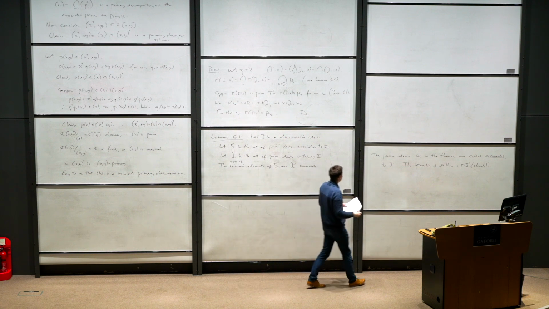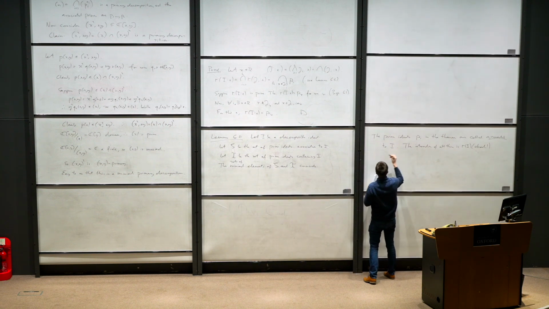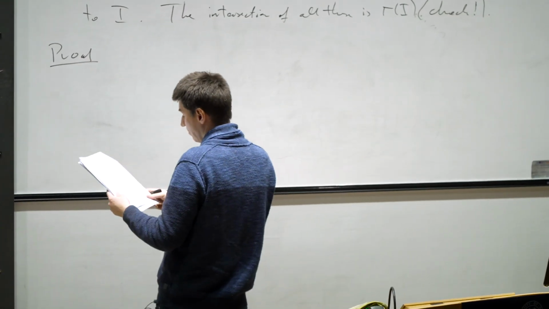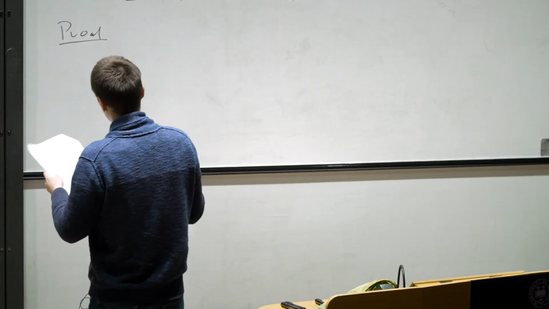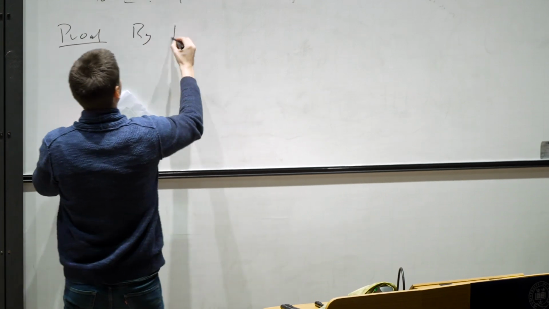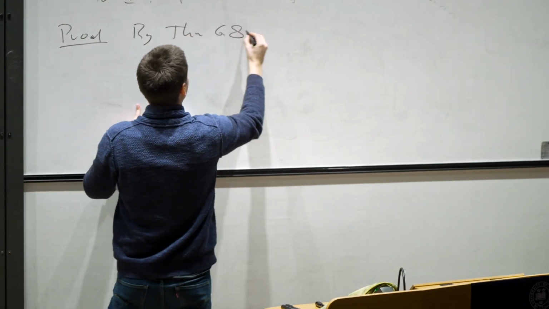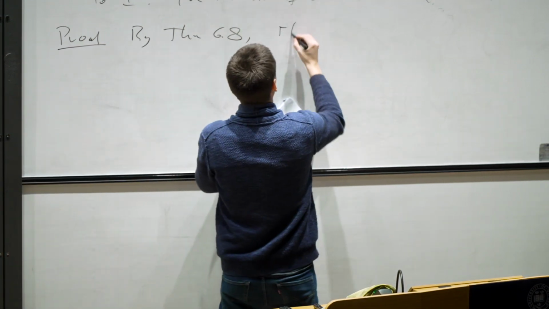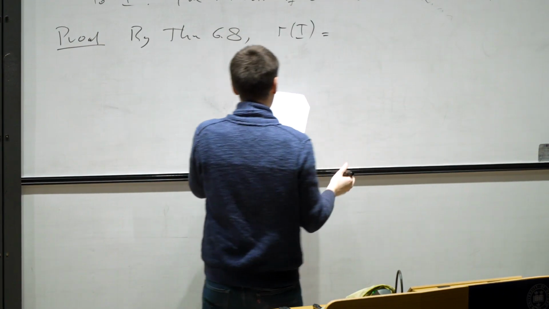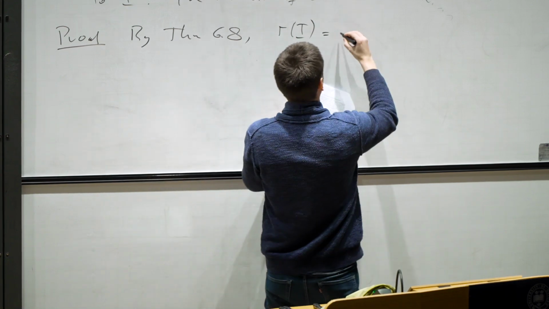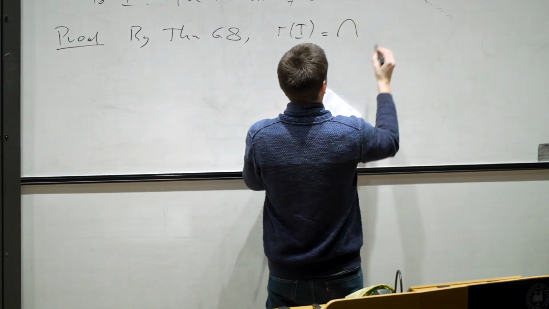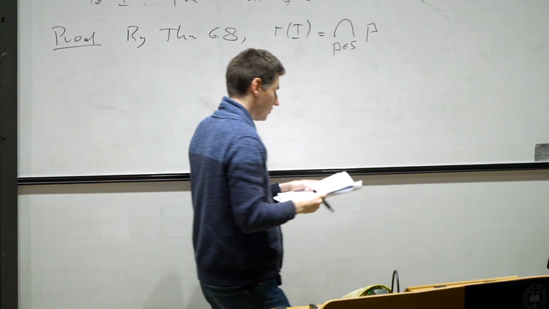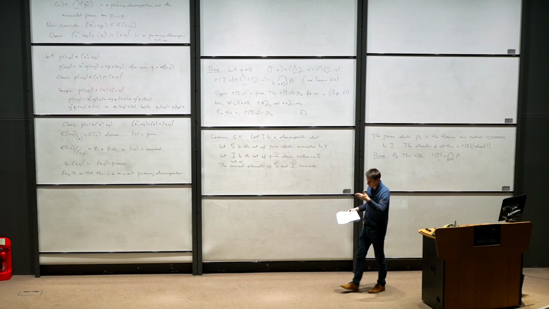Okay, so let's prove it. So here is the proof of lemma 6.11. Okay, so by theorem 6.8, which we proved today, the radical of I is equal to the intersection of all the primes that appear in S. Remember, I is the intersection of the ideals.